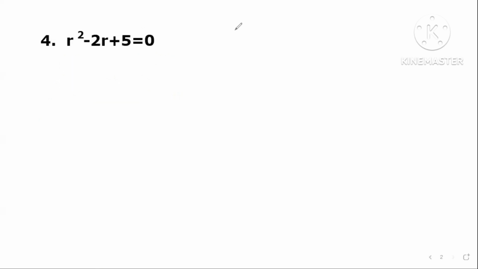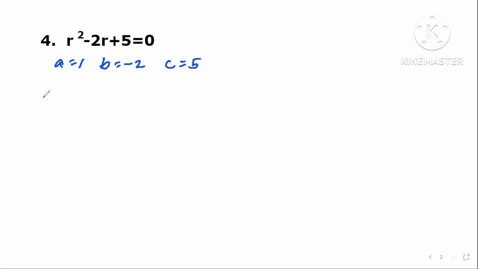Number 4, we have r squared minus 2r plus 5 equals 0. So, naka-standard na ang ating trinomial. Kunin na natin ang values ng a, b, and c. We have a is equal to 1, b is equal to negative 2, and c is equal to 5.